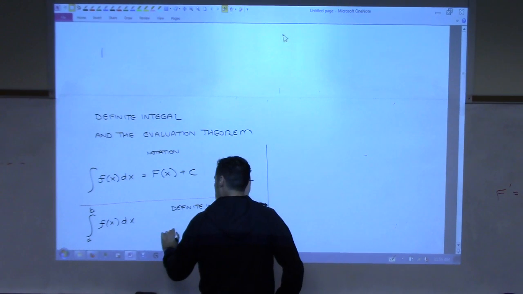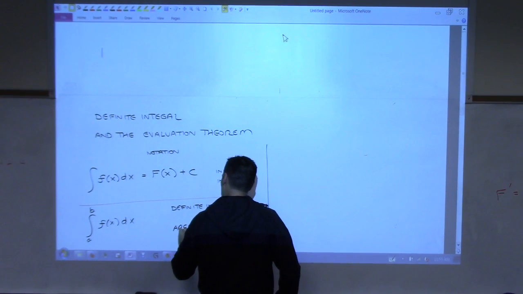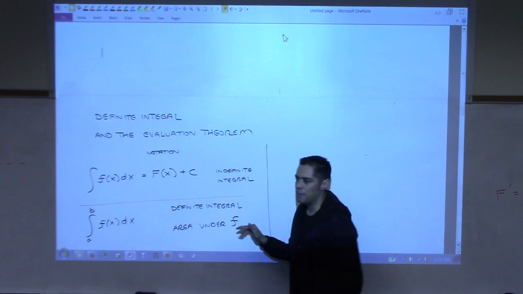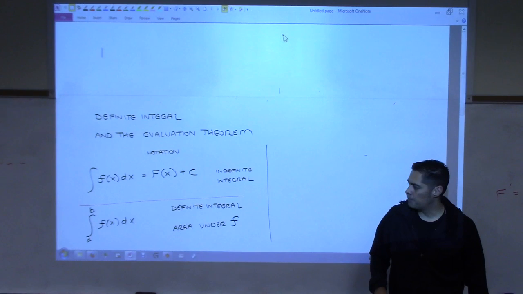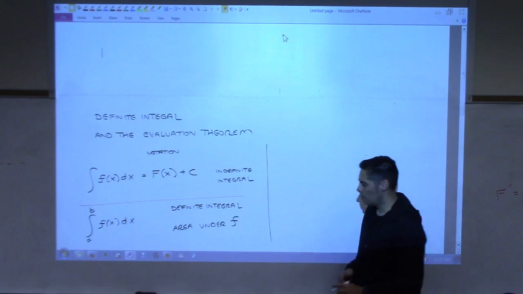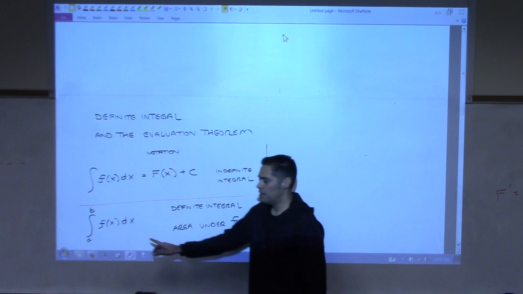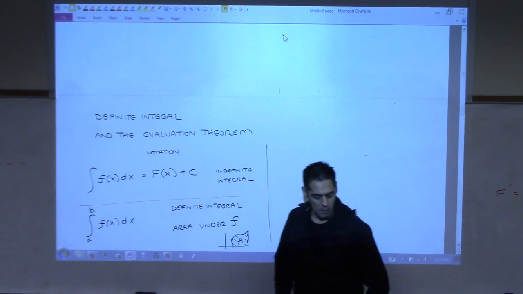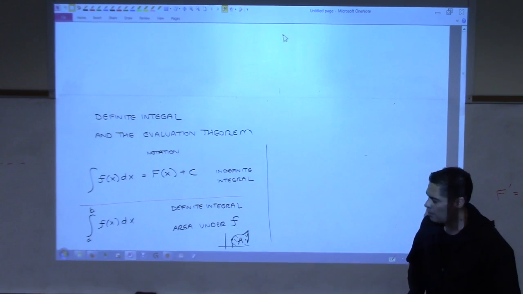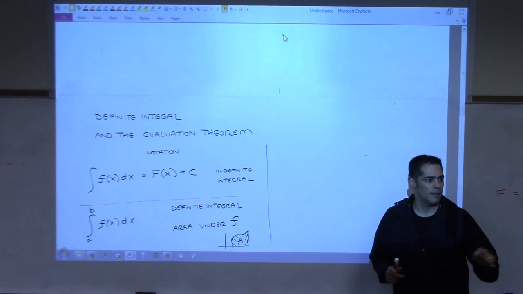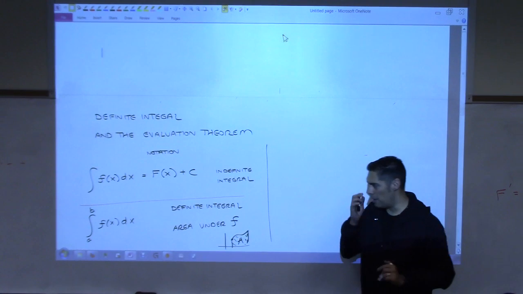And this definite integral gives you the area under f between a and b. So if you want the little picture that goes with this, that area underneath in here, this is the way we would write that. And that simply states that when you get the antiderivative, you're going to plug in a. I'm going to show you, yes, there's a way we do it.